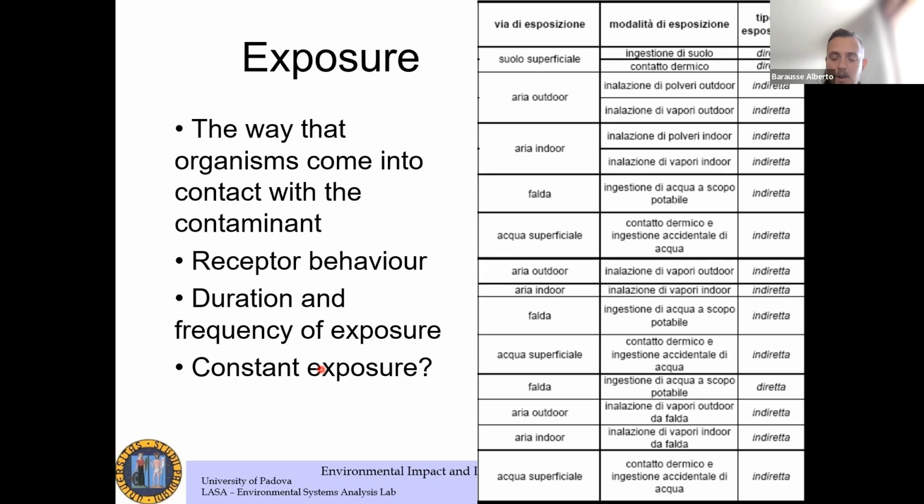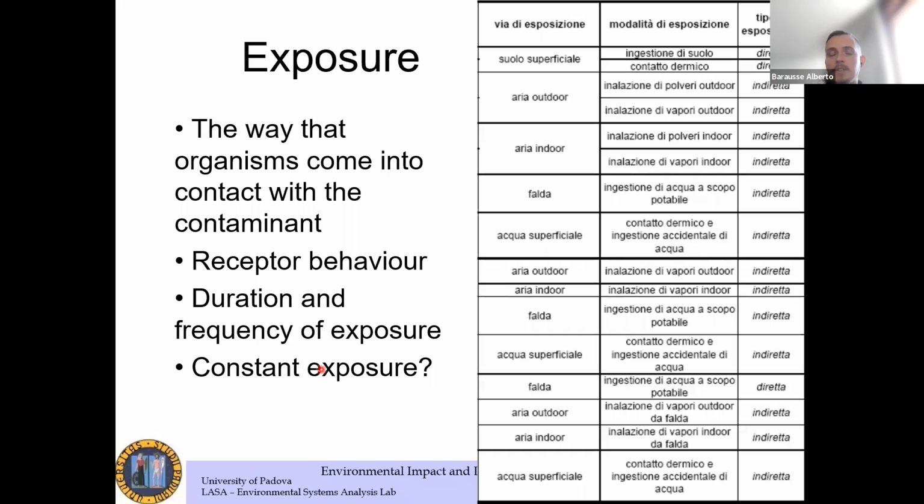For example, think of the contamination of a soil in a park where people go sometimes to play. So people come into contact with the contaminated soil only when they are there and only when they play. And if they play in winter, they come into contact with the contaminated soil in a different way than in summer, because in summer there's more exposed skin that can come into contact with the contaminated soil.